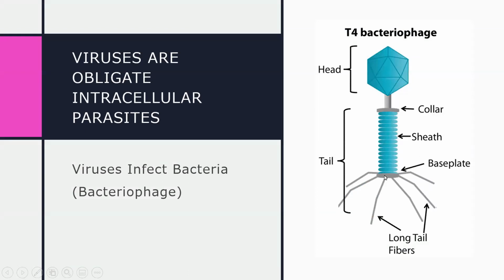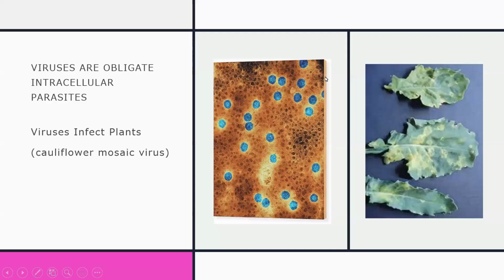Now, viruses are obligate intracellular parasites, and they can infect all sorts of organisms. For example, this is a bacteriophage, which we looked at before. It's got some specialized parts on it that we don't need to worry too much about. But they can also infect plants. So we talked about tobacco mosaic virus. We also have the cauliflower mosaic virus.